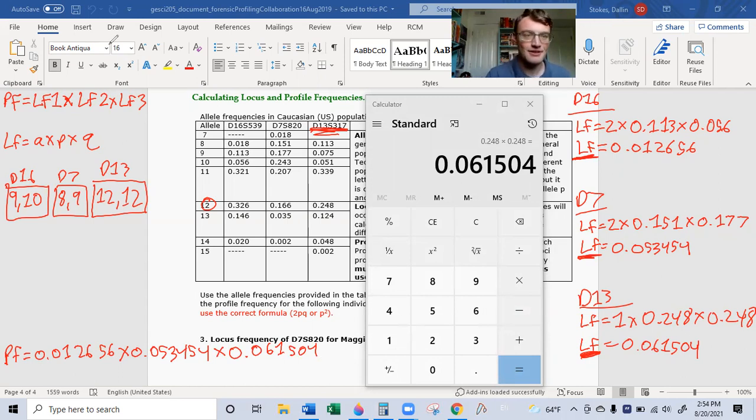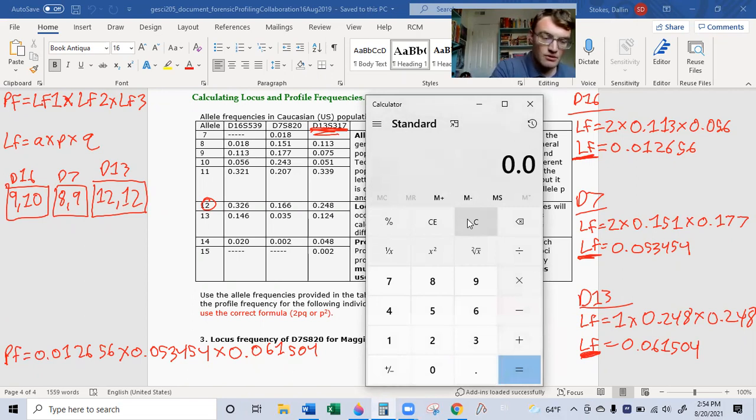Okay, let's run that through a calculator here. You've got 0.012656 times 0.053454 times 0.061504.